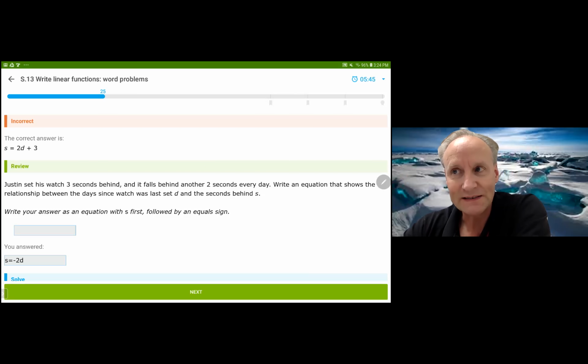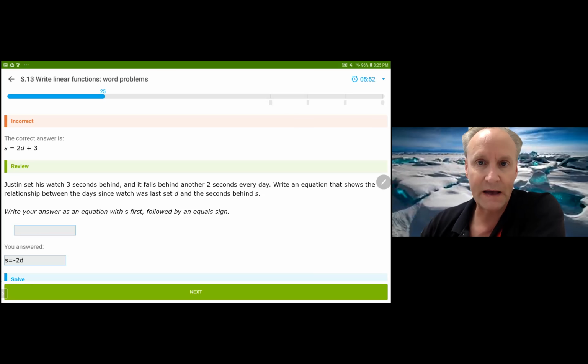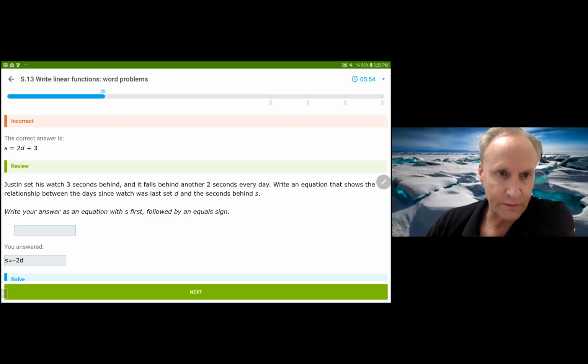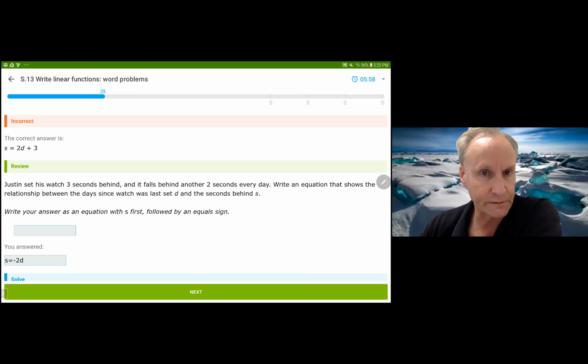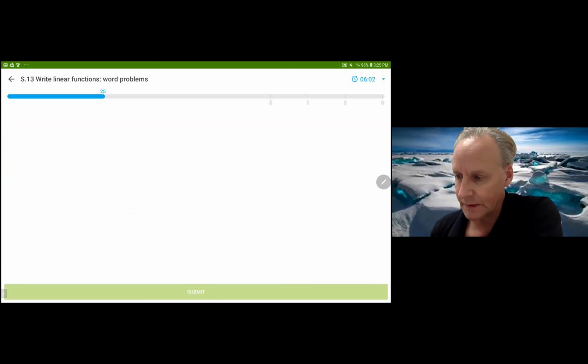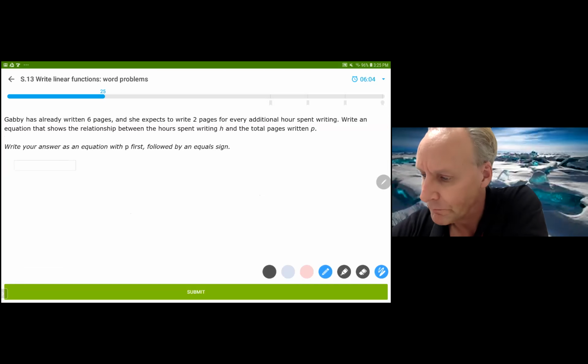However, because they said the word behind, they didn't want to talk about negative seconds, even though that makes more sense mathematically. So it's kind of a bad question anyway, but I would have gotten it wrong anyway. So there it is. Kind of depends on how you interpret it.